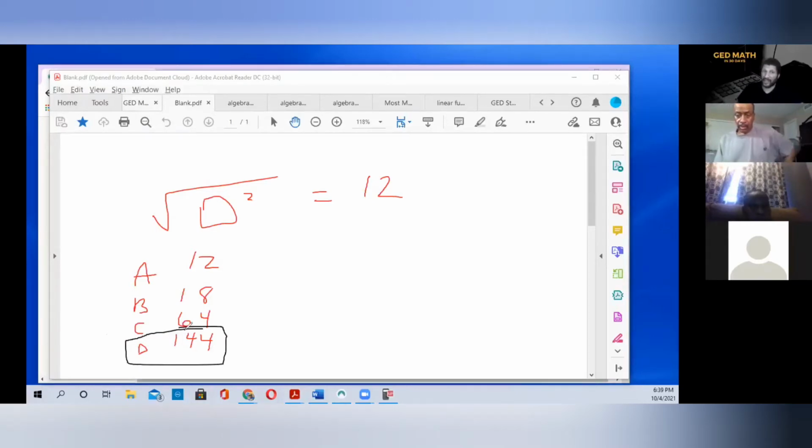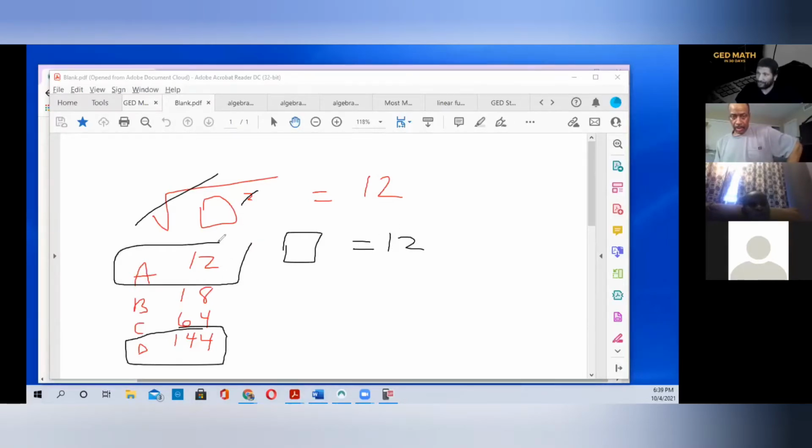What you have to understand, square and square root are inverse operations of each other. So this square root and this square cancel each other out. So you're just going to have this variable or this unknown left equal 12. So your answer is 12. It's basically like a trick question.